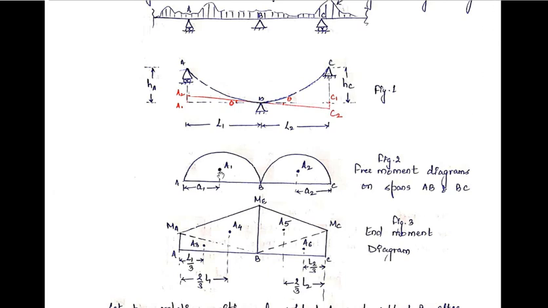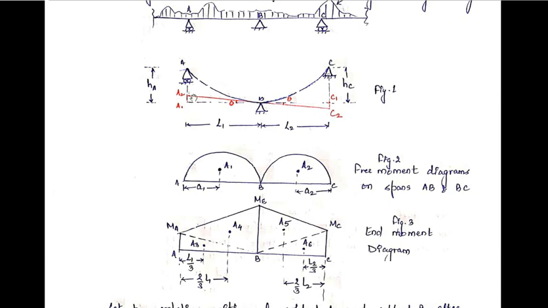Now we will use these two diagrams to derive the three moment equation. If you see this triangle A1 A2 B and C1 C2 B, in these triangles we can apply tan theta. So tan theta will be equal to perpendicular upon base. In this triangle the perpendicular is A1 A2 and the base is L1. In the other triangle, tan theta will be C1 C2 upon L2.